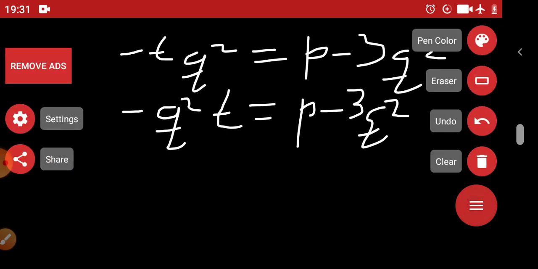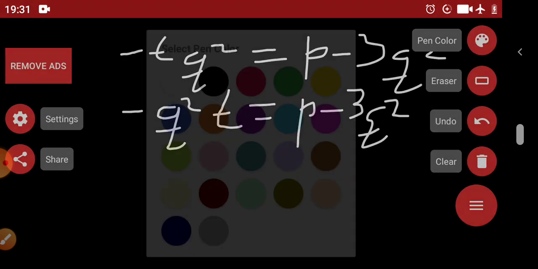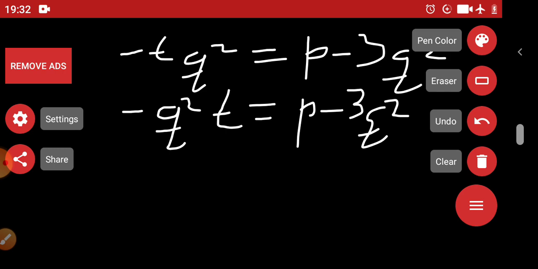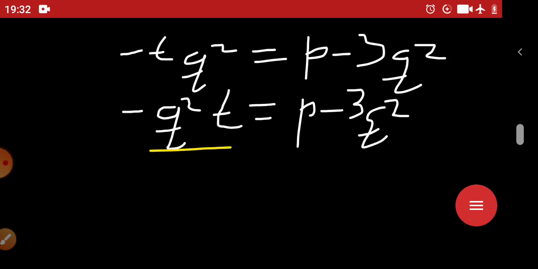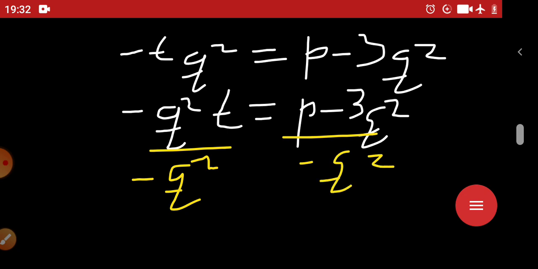Because I want t to be alone on this side, and negative q squared has multiplied t, we do the opposite of multiplying, which is dividing. So we divide by negative q squared both sides.